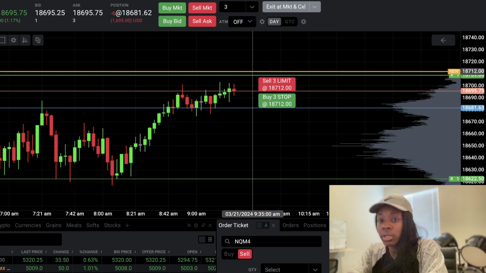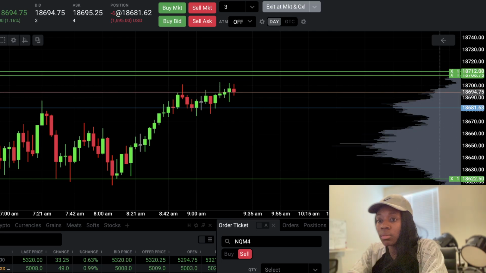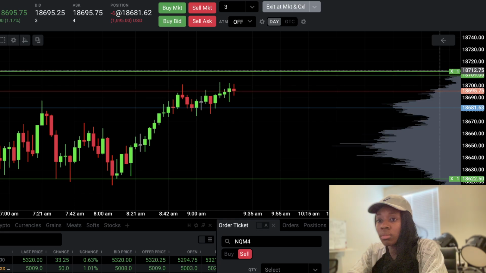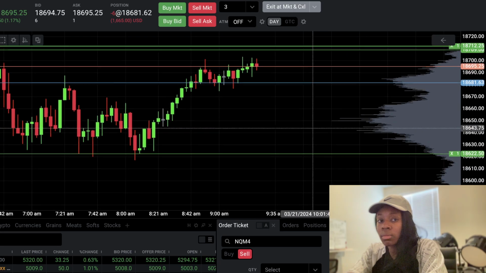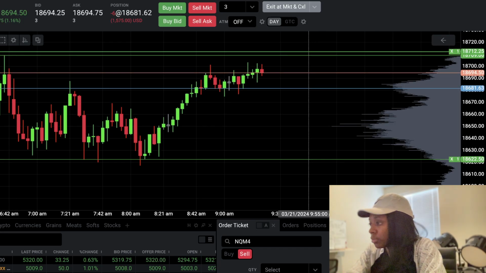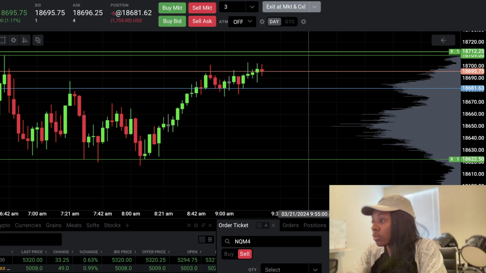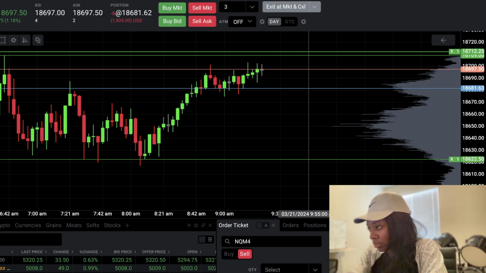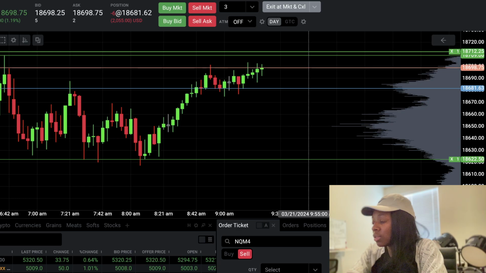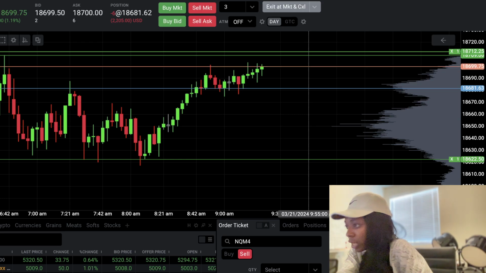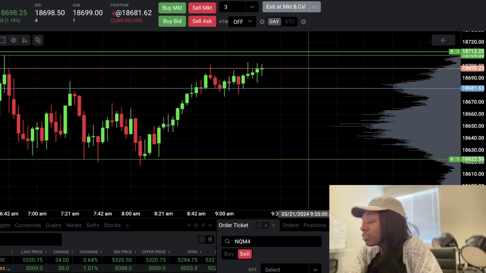All right, I'm gonna adjust right here. And the reasoning for that is, basically I'm moving my stop 10 points away from the swing high that my entry was based on.